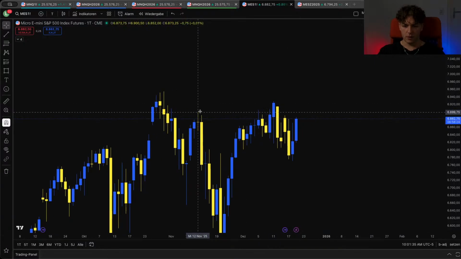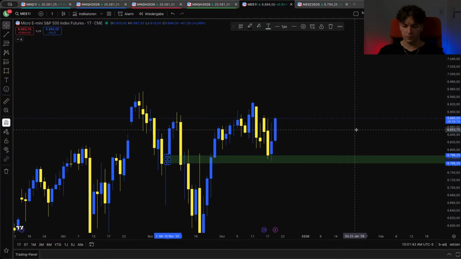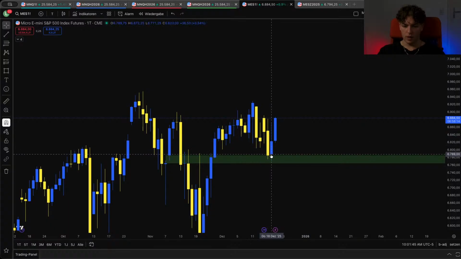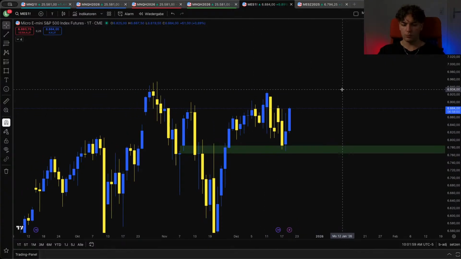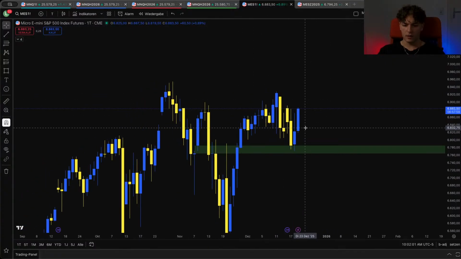We have taken out minor buy side here, had a retracement down into this weekly volume imbalance. Look, the bodies respect the high level of this volume imbalance, and we had this beautiful reaction to the upside, and these relatively equal highs are in close proximity. So MES looks way more bullish than Nasdaq.